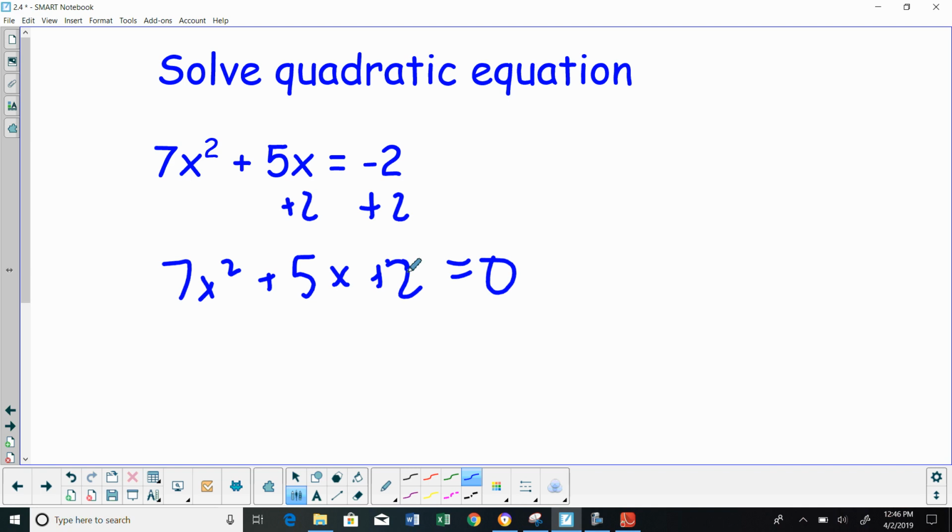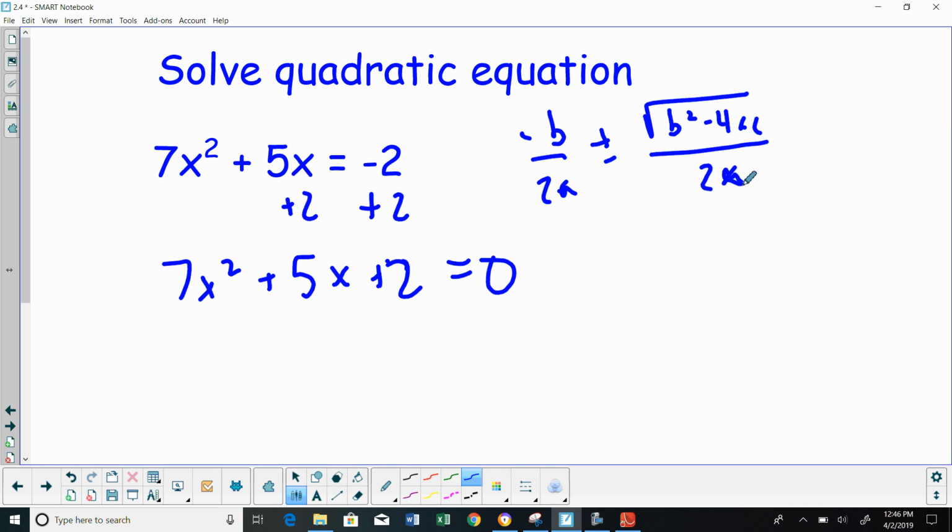Again, I'm using the quadratic formula. So I'm going to want -b over 2a plus or minus the square root of b squared minus 4ac, all over 2a. In this case, my a is 7, b is 5, c is 2.